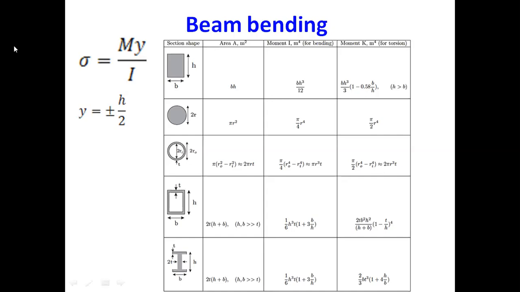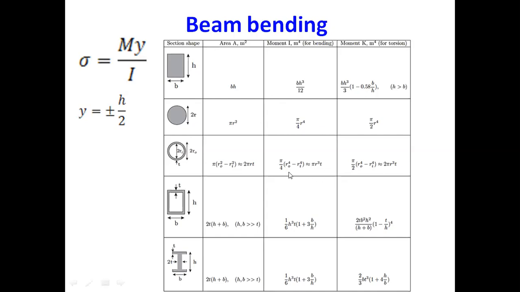If the neutral axis passes through the height, then I would be b h cubed by 12. And if the neutral axis passes through the center of the circle, in terms of radius it is pi by 4 r to the 4, and in terms of diameter pi by 64 d to the 4.